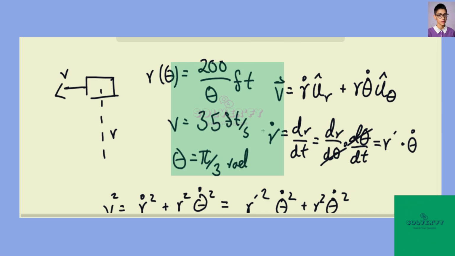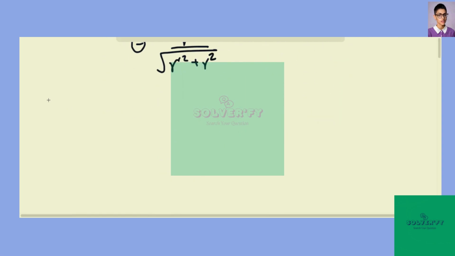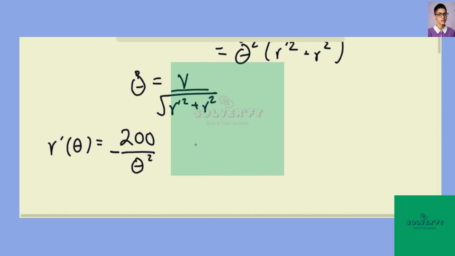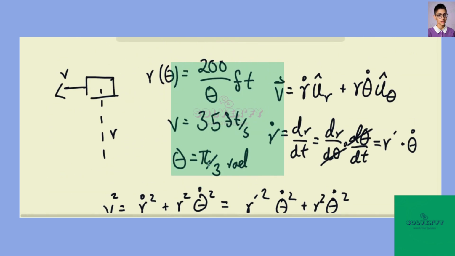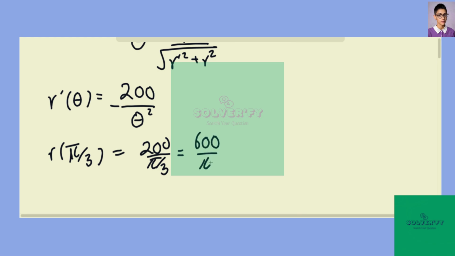So we can go ahead and plug in. So r of theta is 200 over theta. So r prime of theta is 200 over theta squared, and pull out a minus sign there. We want to find this when theta is pi over 3. So r of pi over 3 is just going to be 200 over pi over 3, which is just 200 times 3 over pi, which is just 600 over pi.